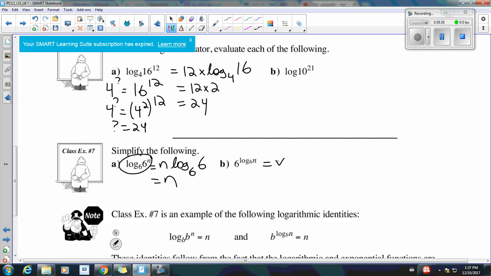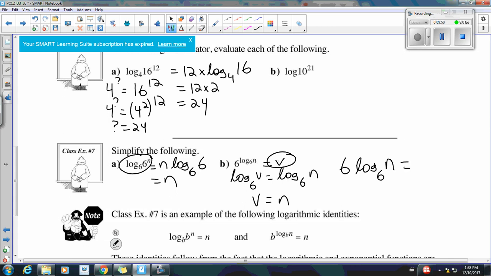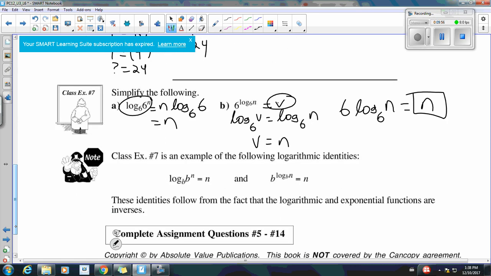So changing to exponential form, this becomes log base 6 of v equals log base 6 of n. So this tells us that v is equal to n. So now we can say that since this was equal to v, we can say that 6 to the log base 6 of n is equal to n. That's the same as we investigated in an earlier lesson.